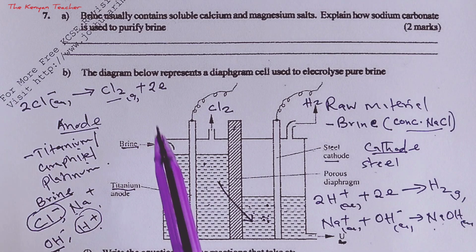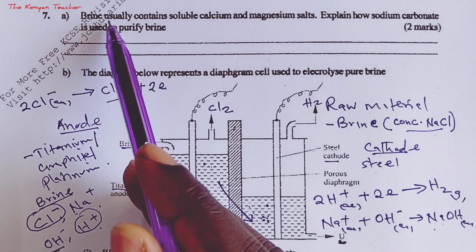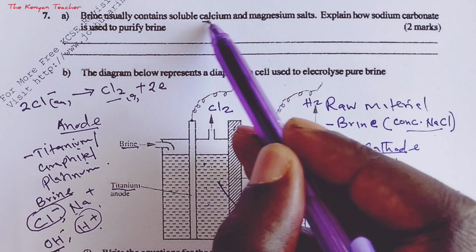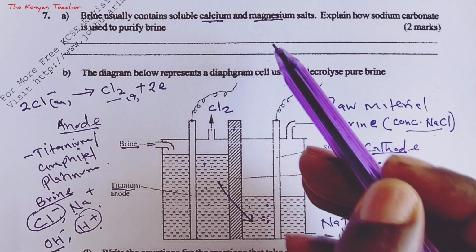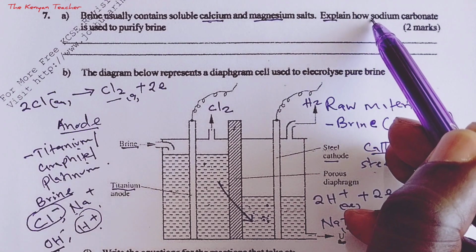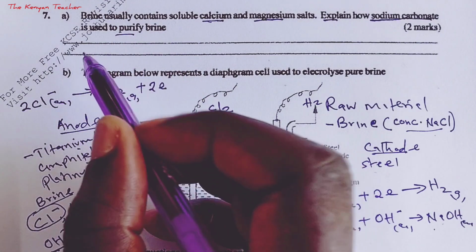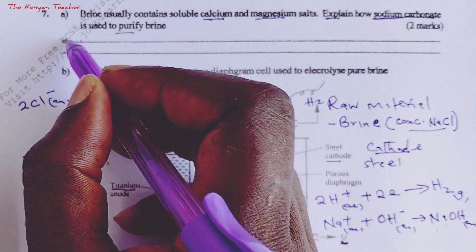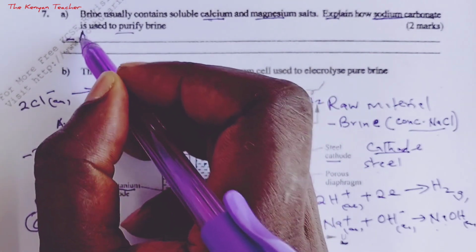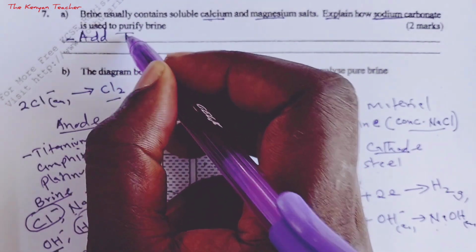So we begin with part A, where we were told that brine usually contains soluble calcium and magnesium salts. So you are expected to explain how we can use sodium carbonate to purify the brine. Now, the correct response here would have been that we begin by adding sodium carbonate.